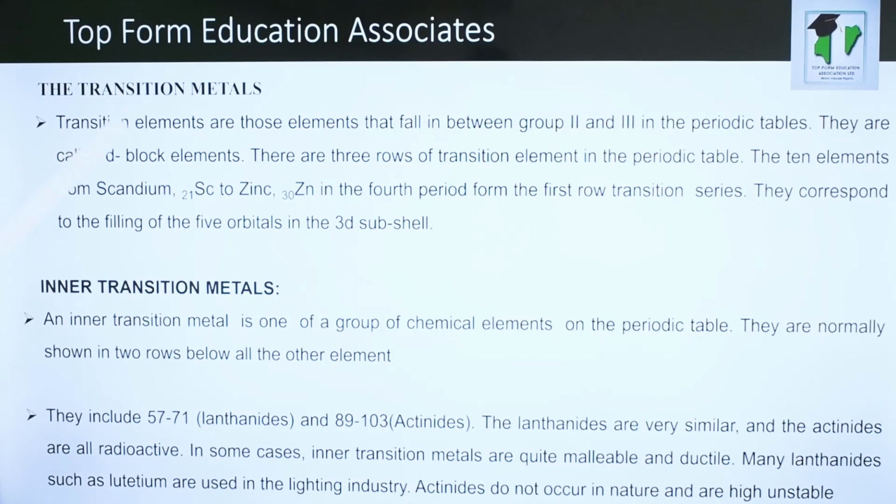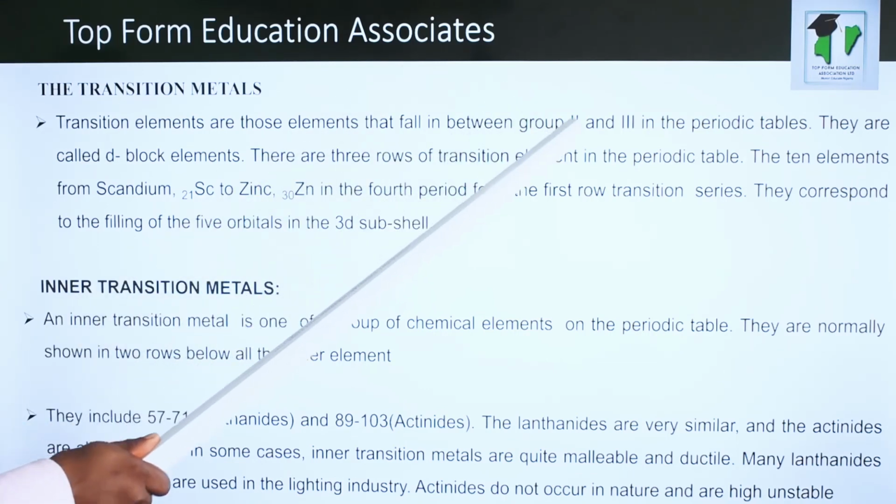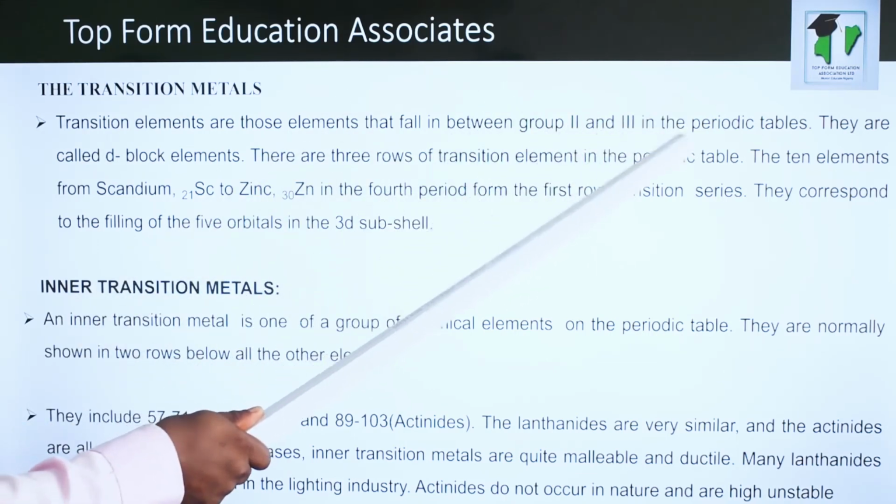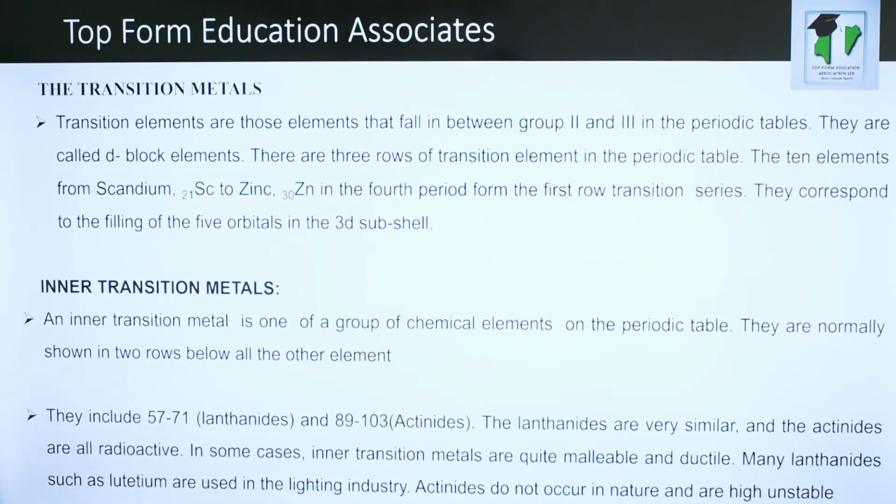Now the transition metals. Transition elements are those elements that fall in between group 2 and group 3 in the periodic table. I have said it before that these elements that fall between group 2 and group 3 are called transition elements. I hope you are following.